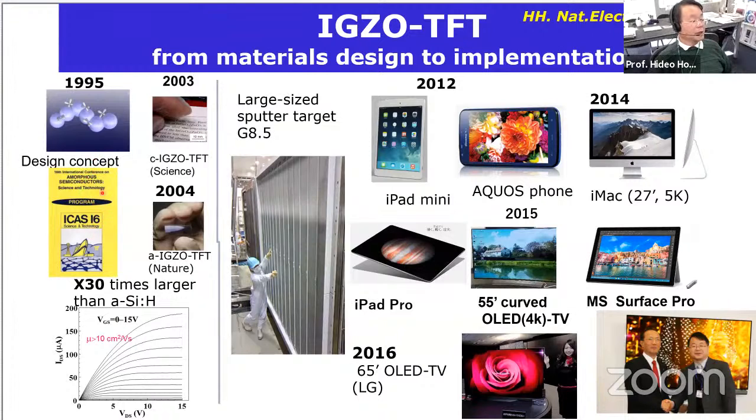We fabricated the crystalline oxide TFT in 2003 and the amorphous one in 2004. After that, the company fabricated a large size sputtering target. This is a photo of Gen 8.5. Now Gen 11 is already produced, so practical application started for displays.